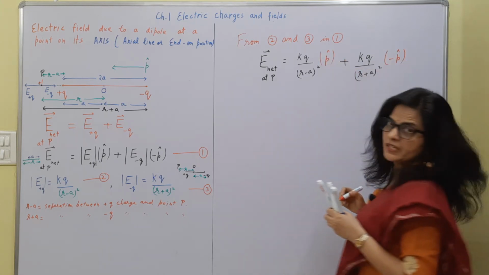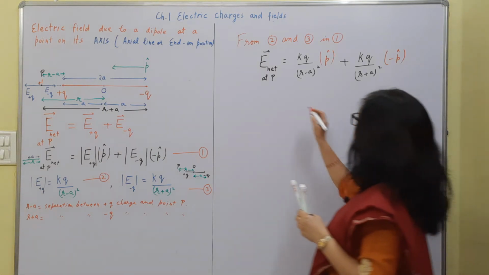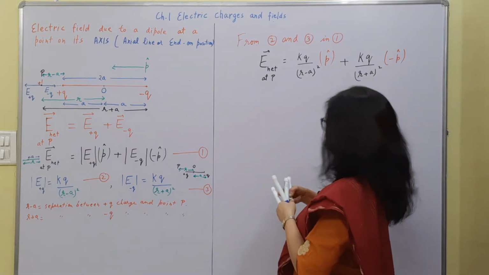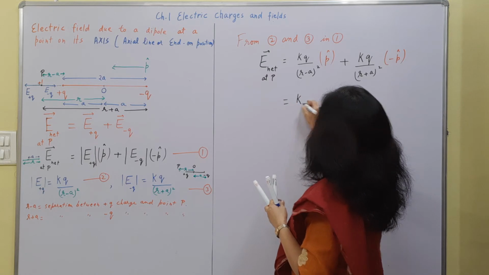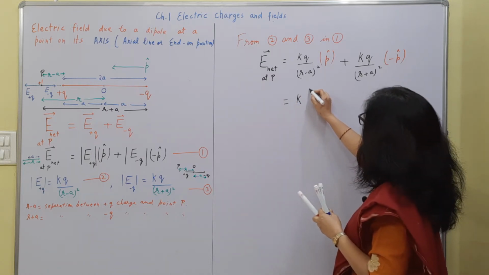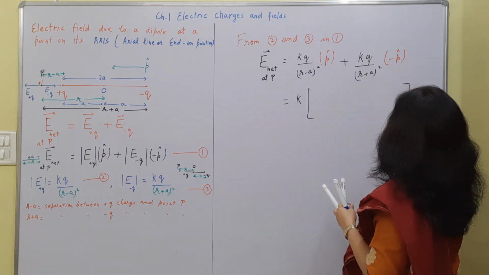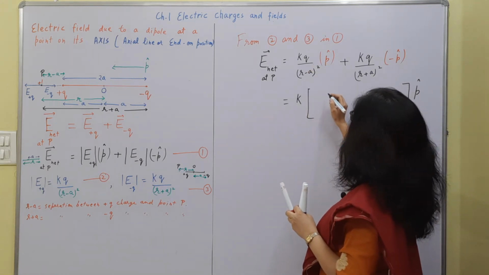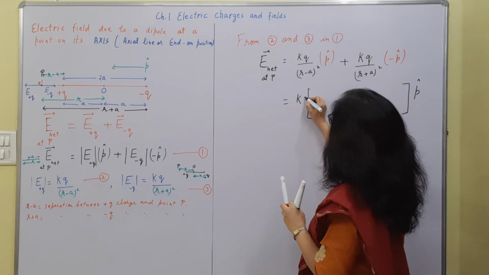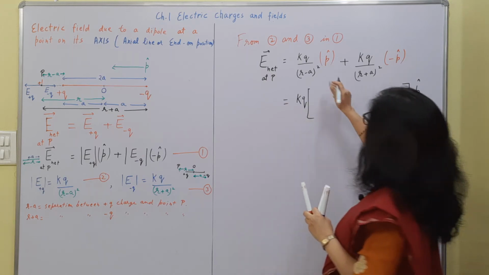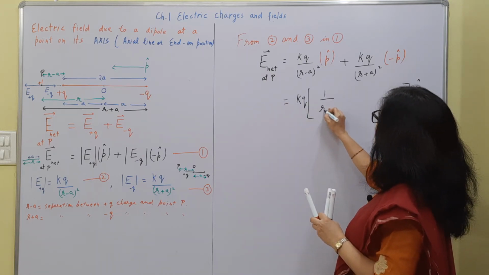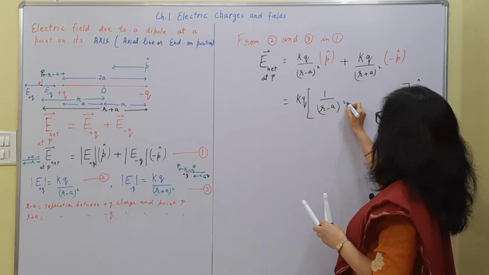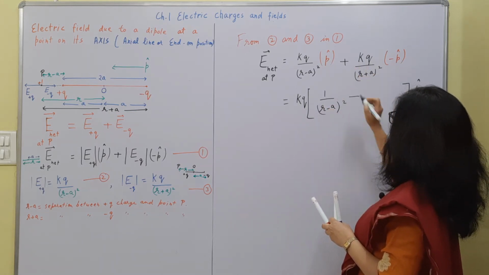I can take P cap and K common from this. So the next step will be K common and P cap also common. So I will write inside, Q can also be taken common. So I have taken Q also common. This will be 1 upon R minus A whole square, and this minus will remain inside the bracket.